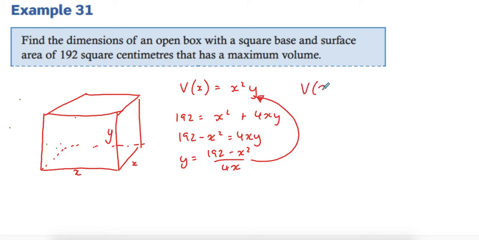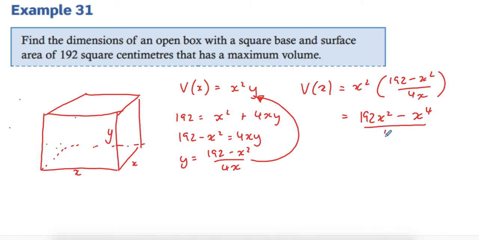Okay, so the volume in terms of x is x squared times 192 minus x squared over 4x, which gives us 192 x squared minus x to the power of 4 over 4x. You can cancel the x straight away, so that becomes x to the power of 1, and that becomes x cubed.